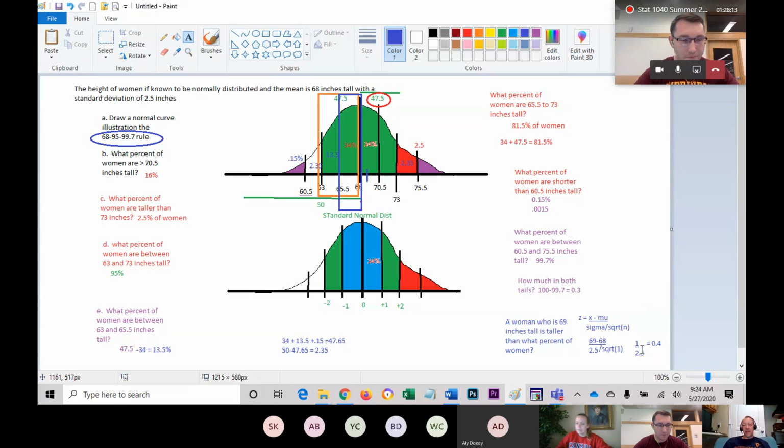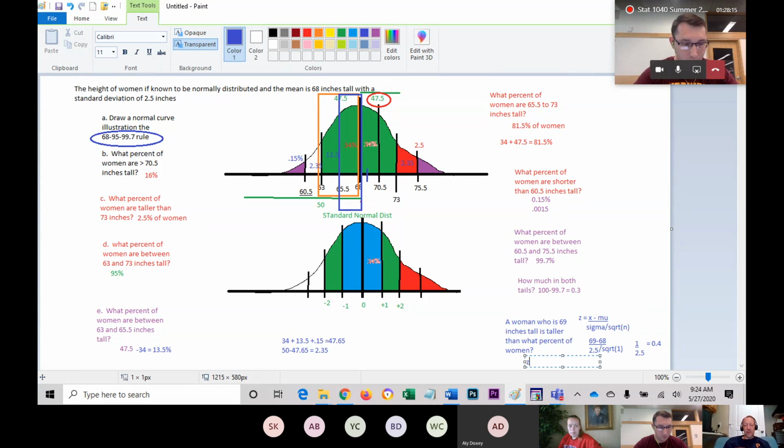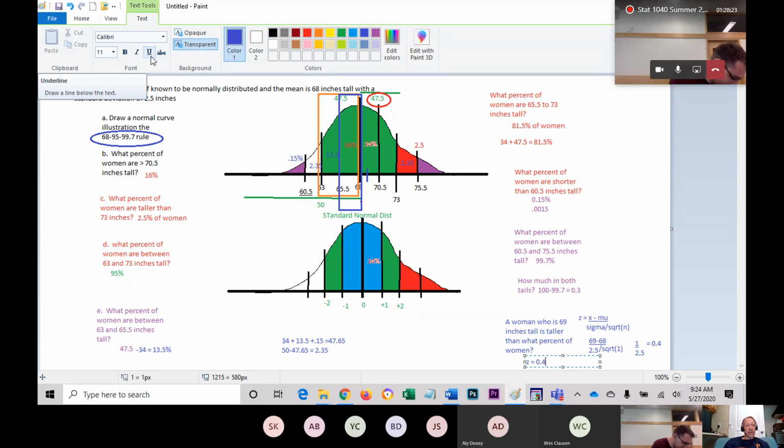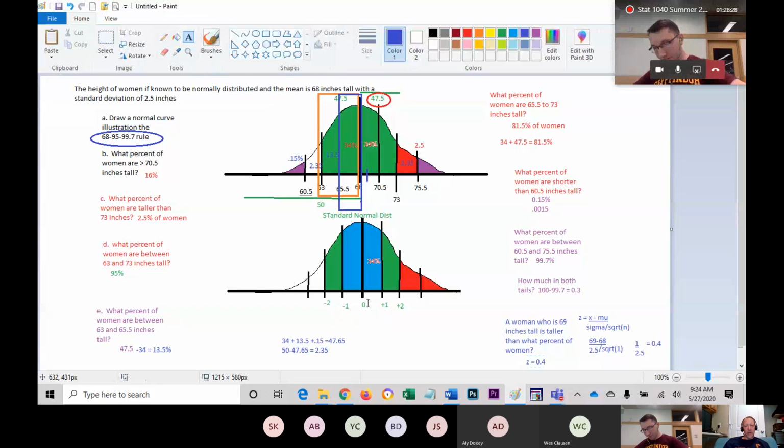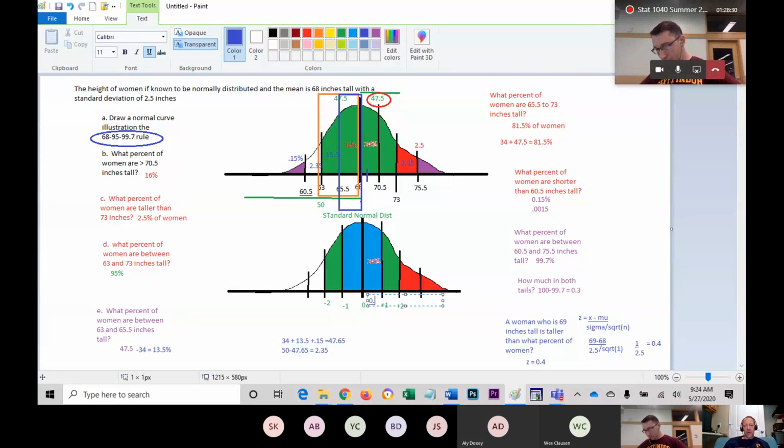Now, okay, so that's my z-score. So now remember, my z-score equals 0.4. That is not 40%. Okay. What that tells me is, in this case, because I've just converted this to a standard normal curve, I am now 0.4 standard deviations away.